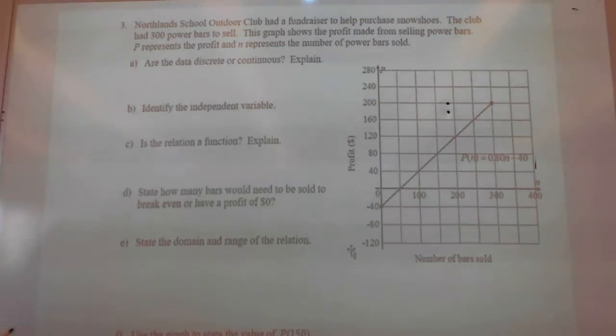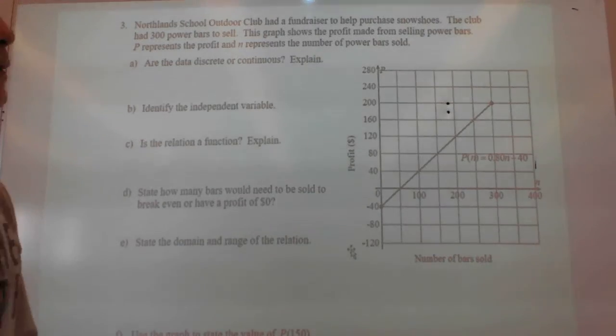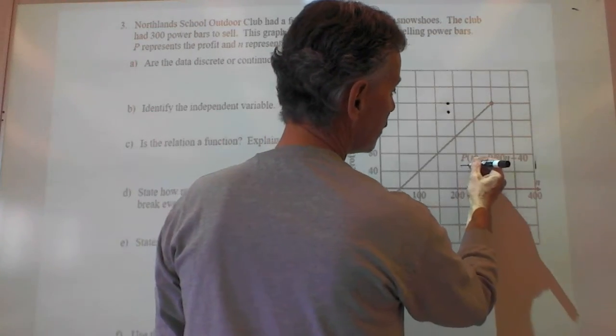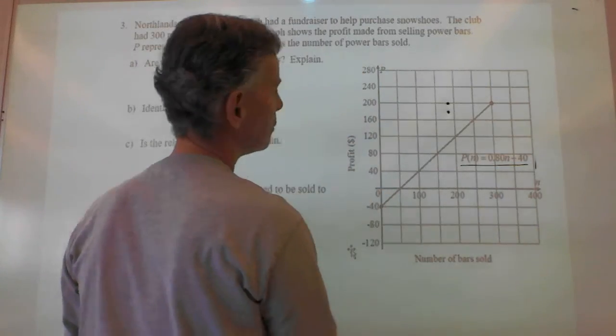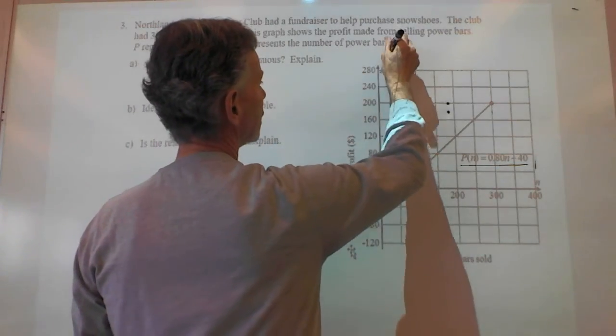And it says, Northland School Outdoor Club had a fundraiser to help purchase snowshoes. The club had 300 power bars to sell. Okay? This graph shows the profit made from selling power bars. P represents the profit, and N represents the number of power bars sold. First question, by the way, here's the equation that describes that, and I'm just going to write it nice and big so that everybody can see it.